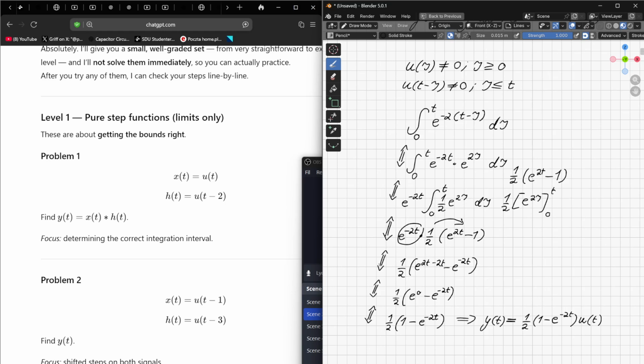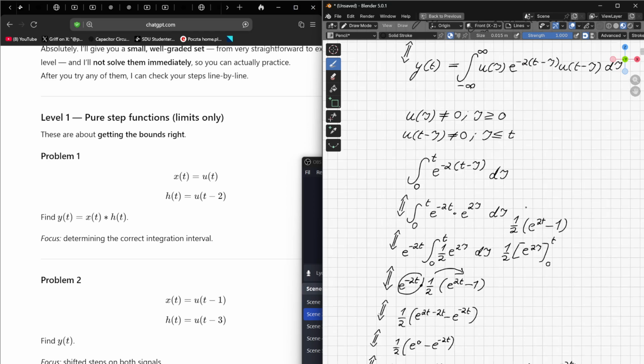So when we do that, we get e to the power of 2t minus 2t, and that will just equate to 0, and then minus e to the power of minus 2t. So this will go to 1, and this will go to minus e to the power of minus 2t. But yeah, that's the final answer for this question.